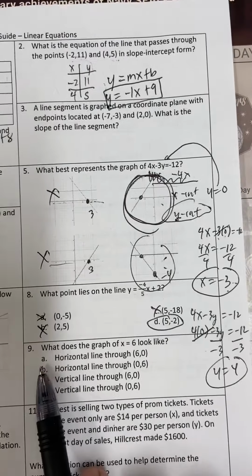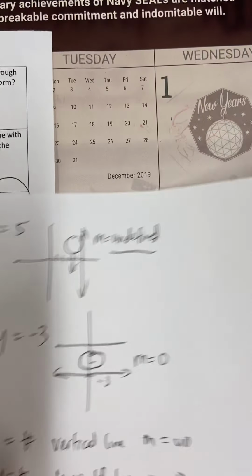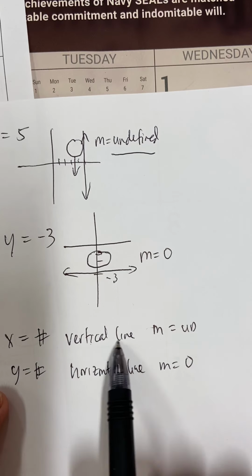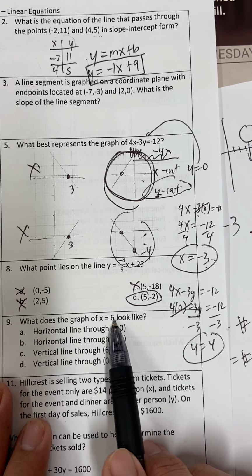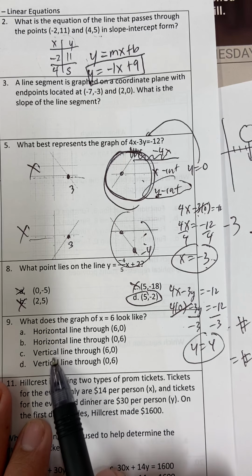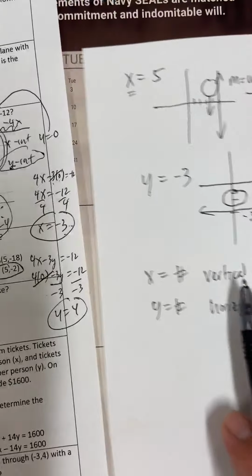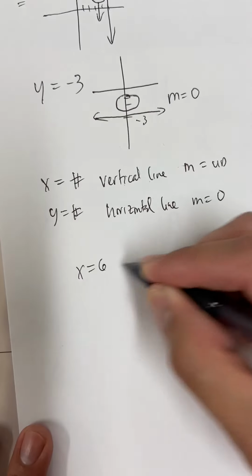Going back to number 9. What does the graph of x equals 6 look like? We mentioned in the first video, x equals a number is a vertical line, and the slope is undefined. So x equals 6 should be a vertical line that passes through 6, 0, not 0, 6.